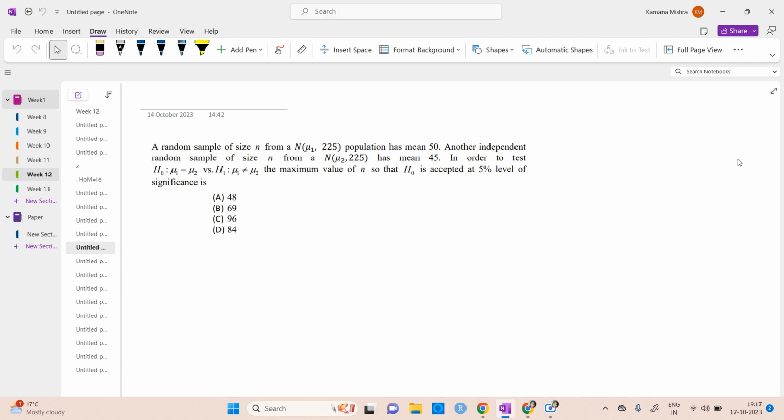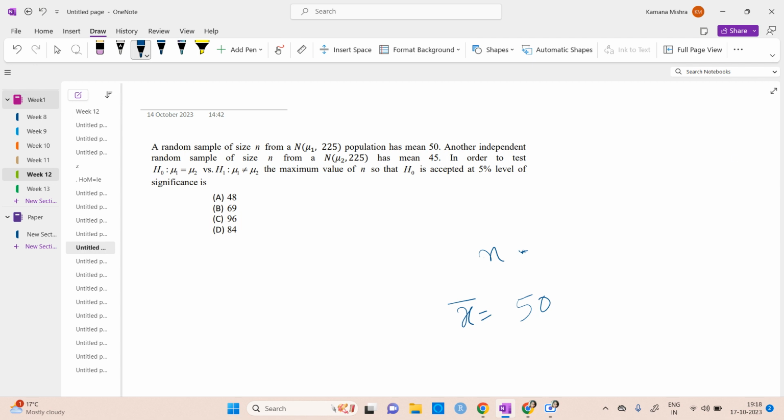Okay. So the next question here is that a random sample of size n from a population with normal distribution is taken. So this is size n, and it is from the population N(mu1, 225) with mean x bar given as 50.